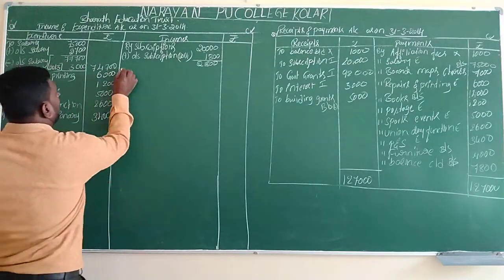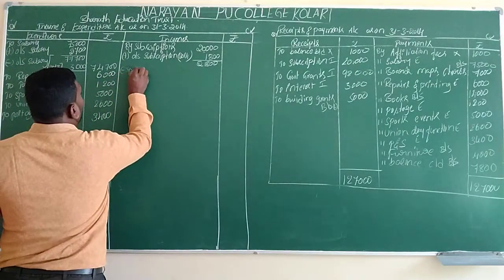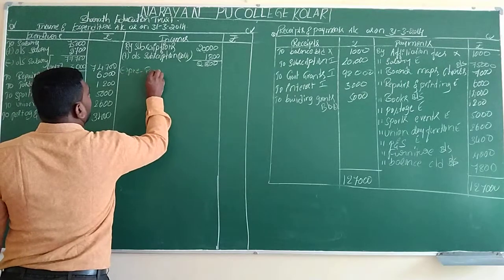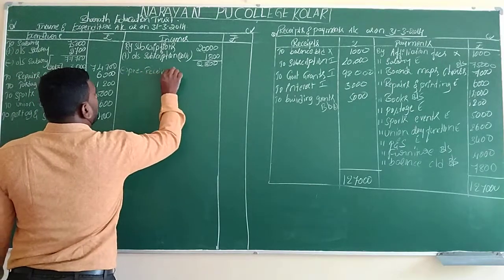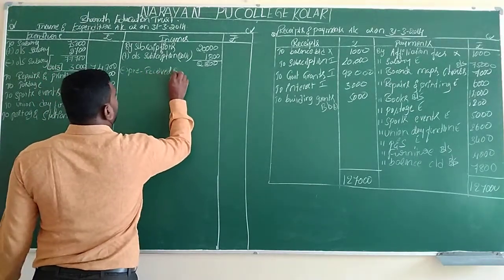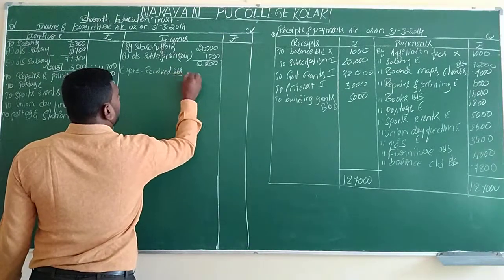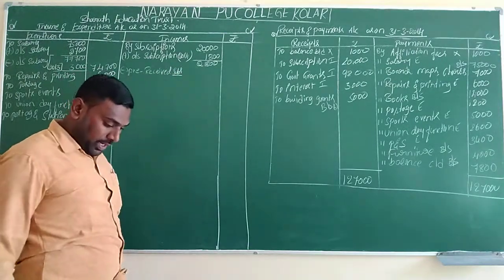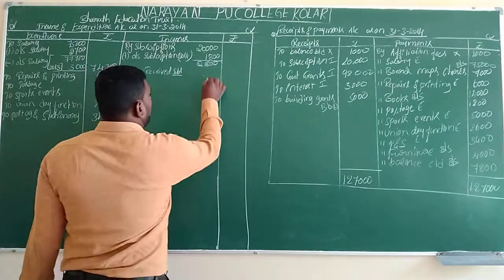Minus pre-received subscription. In adjustment number 3 they have given 400.